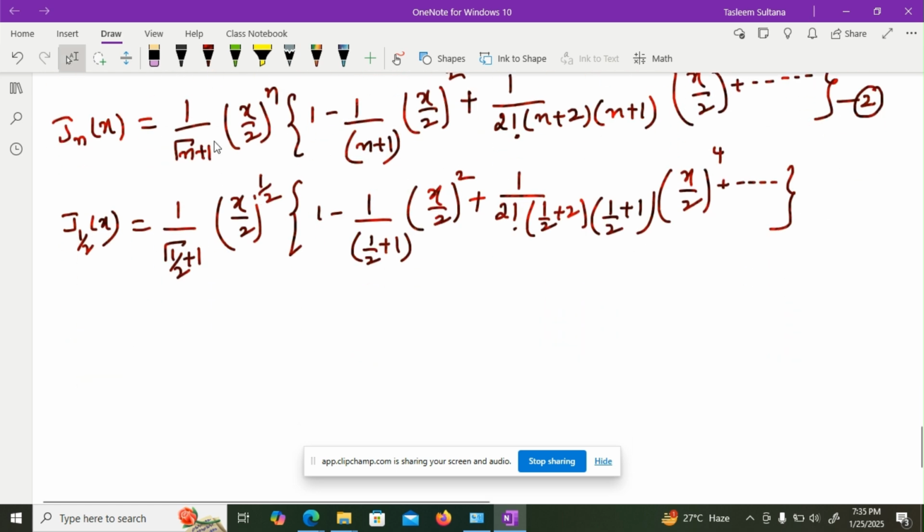Now again here we are going to use the formula gamma of n plus 1 is equal to n into gamma n.